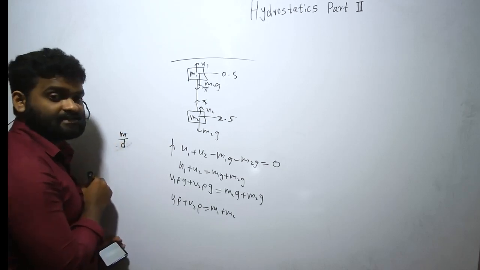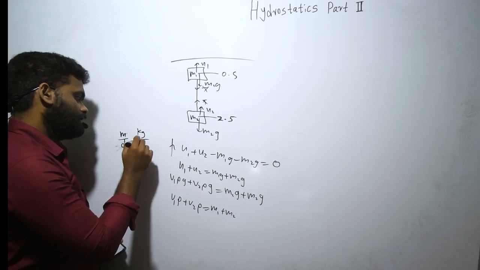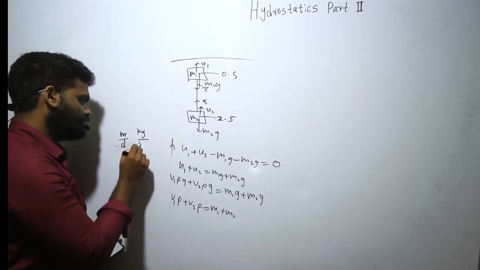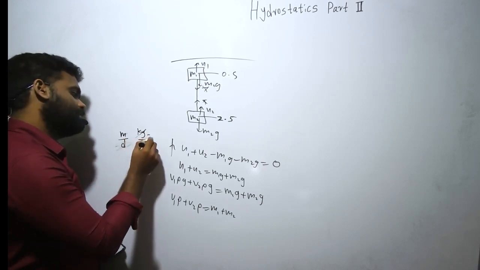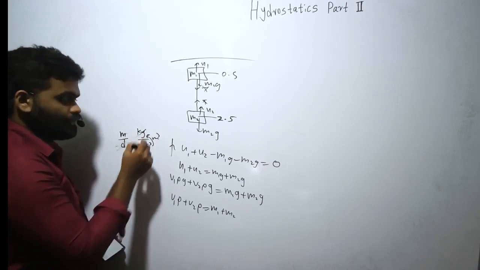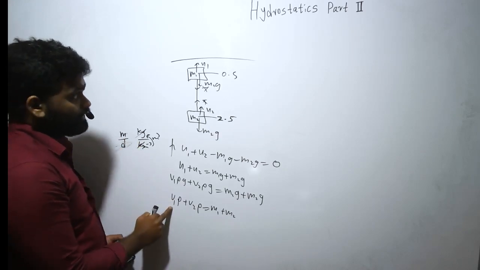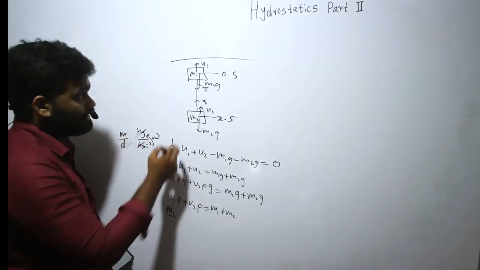Mass divided by density is volume. If you have doubts, check the units. Kilograms divided by kilograms per cubic meter: kilogram cancels off, cubic meters goes up. So you get volume. So instead of this V1, you can write mass of that divided by the density.